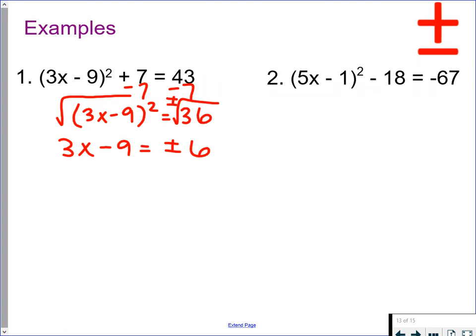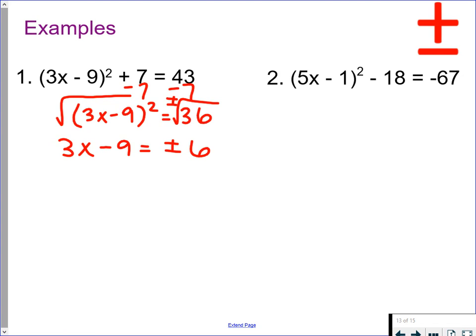We cannot just add this 9 to a plus or minus 6. It's going to a positive 6 and a negative 6. 9 plus 6 is 15. 9 minus 6 is not another negative 15, okay? So you cannot, do not do that, okay?